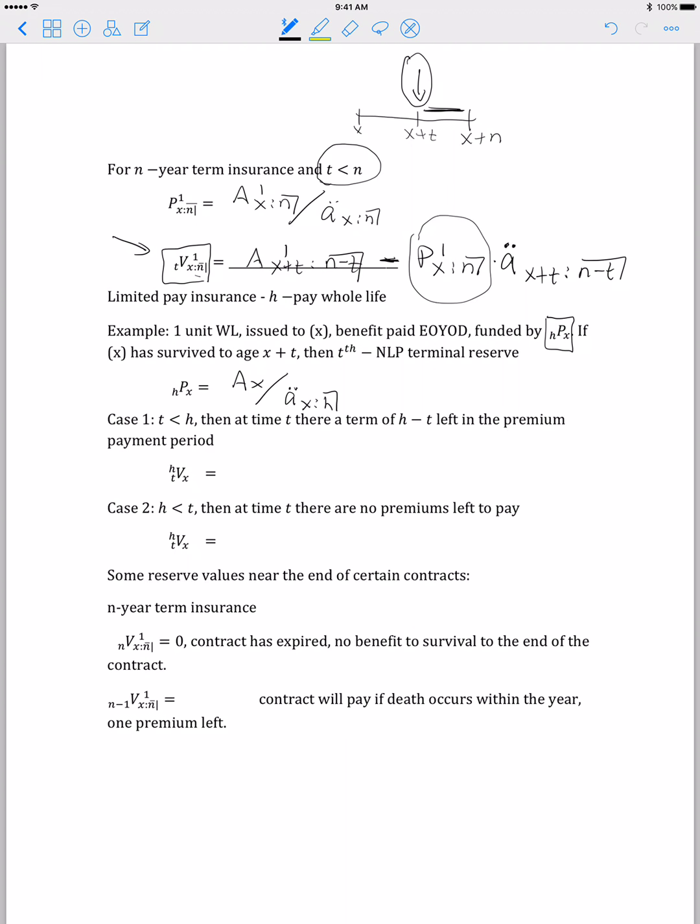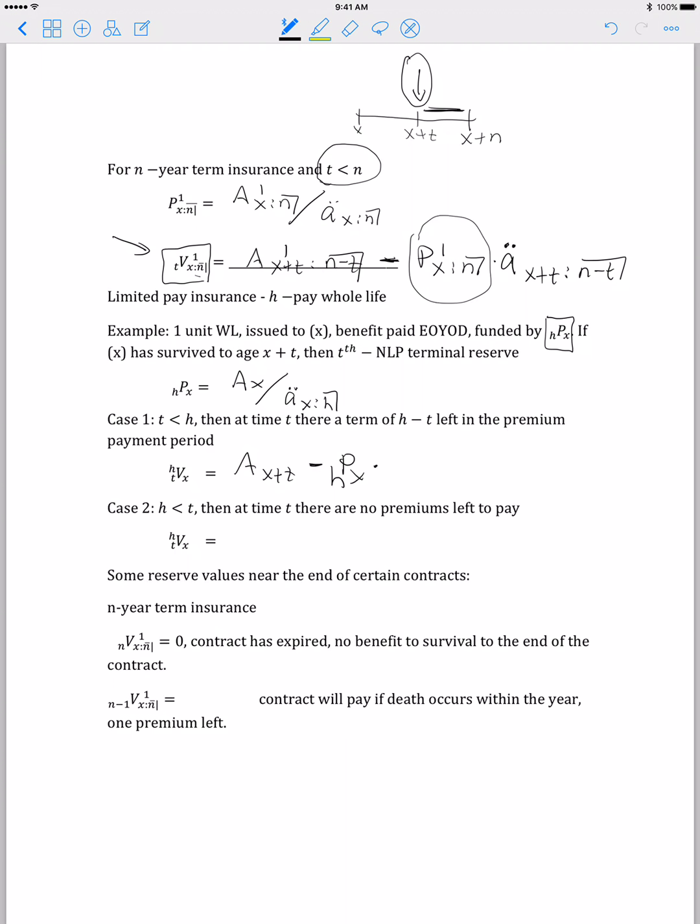Case 1. If we're during the premium paying period, so I'm still paying premiums, actuarial present value of future benefits, again it's a whole life policy, so that's easy to write down, minus the actuarial present value of future premium payments. Well, I'm paying this premium payment, and how many of them do I have left?